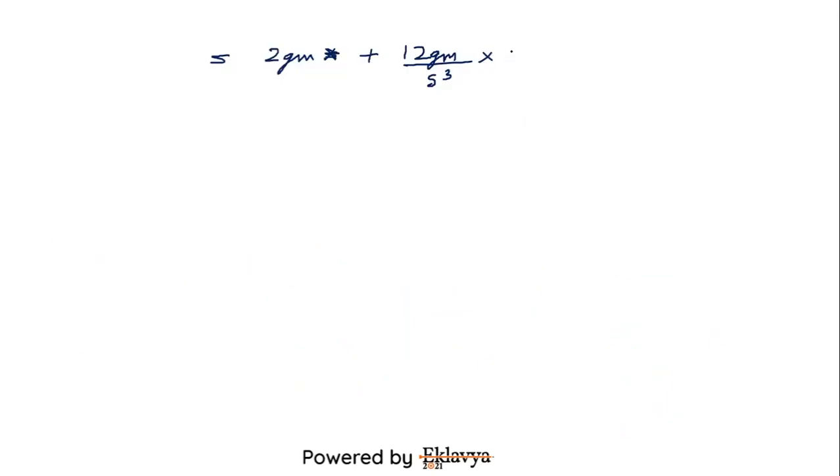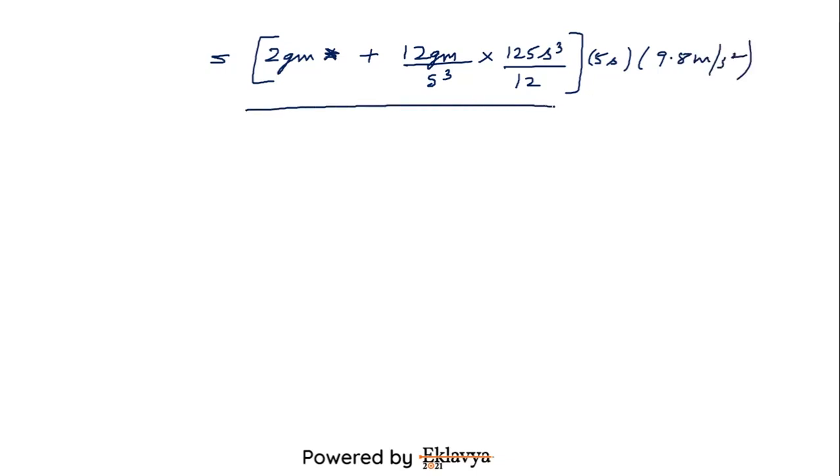So t naught is 5 seconds, so that's 125 second cube upon 12. This entire thing is to be multiplied with 5 seconds into g. Let's take it as 9.8 meter per second square.